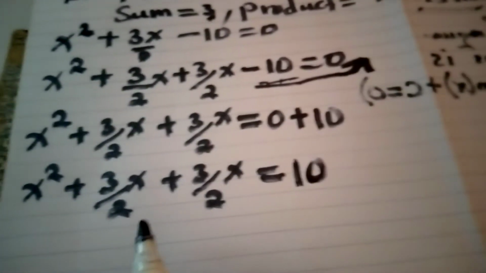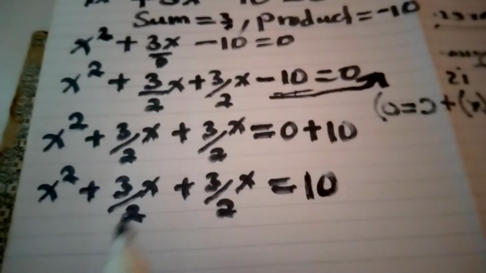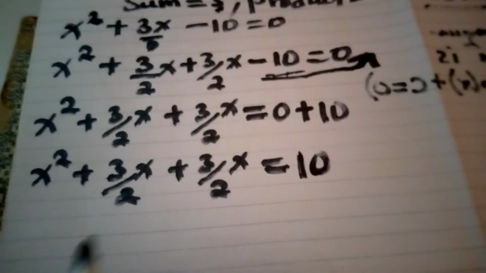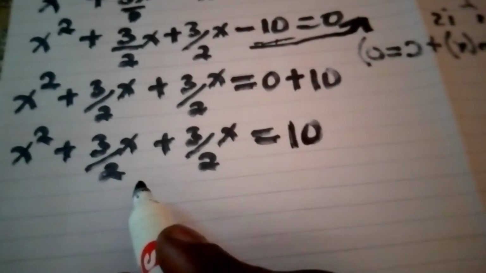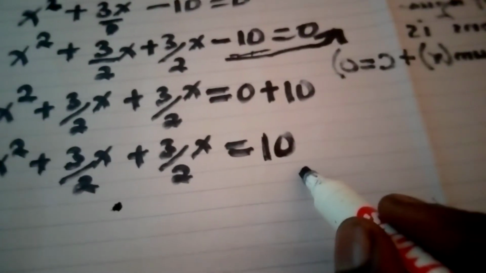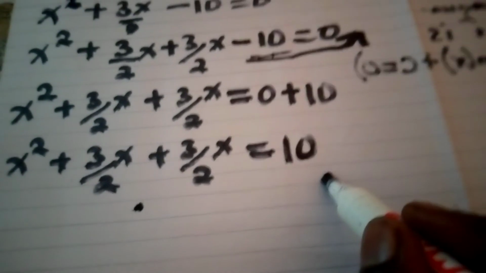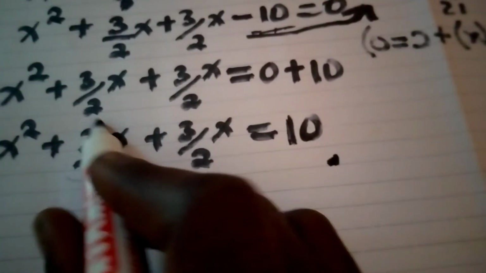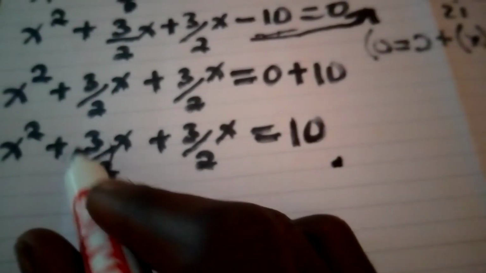Then after that, we have to add half, or the square of half of the sum, to both sides of the equation. So which means we shall add on the left hand side of the equation, and also we shall add on the right hand side of the equation. What we are going to add is the square of half of the sum only.